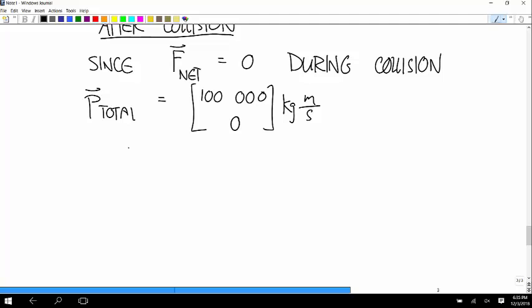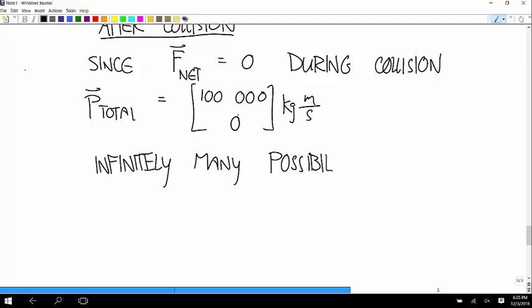But there are infinitely many possibilities that satisfy this requirement.